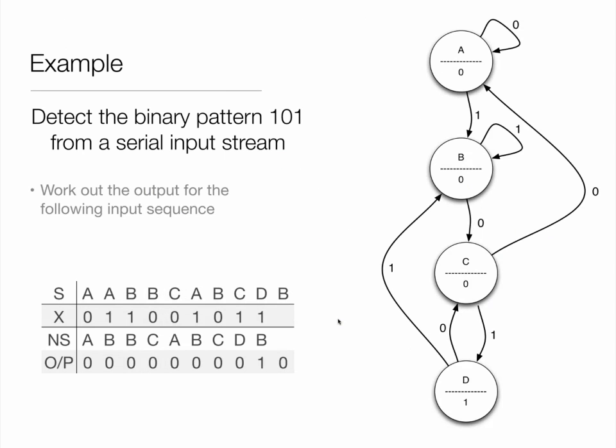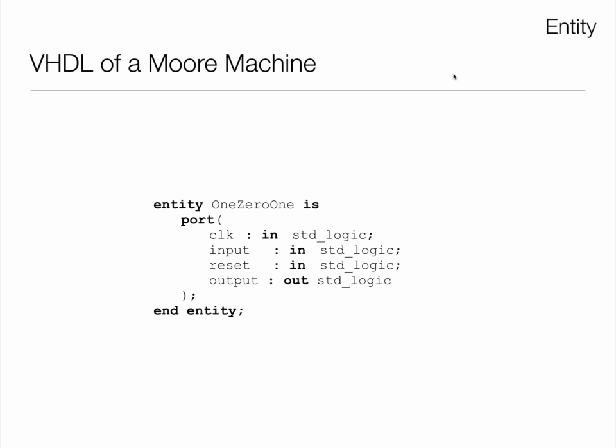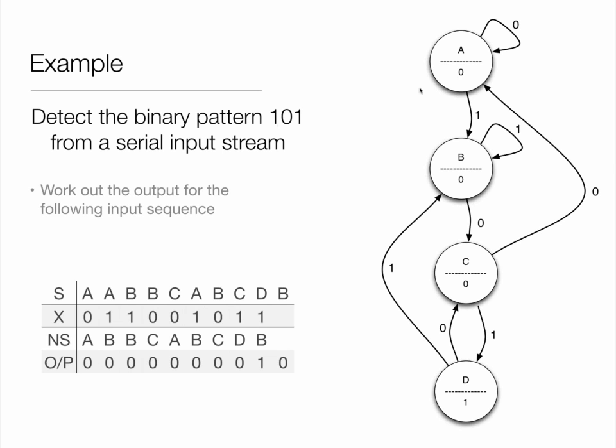So I want to look at an example first, and this is the Moore machine, the one we recognize. And this is not the most efficient way of doing this, I would add, but it's a good one because we can understand it. It's designed to detect a sequence of a 1, a 0, and a 1 on the input. So if we reset into state A, the output is 0.